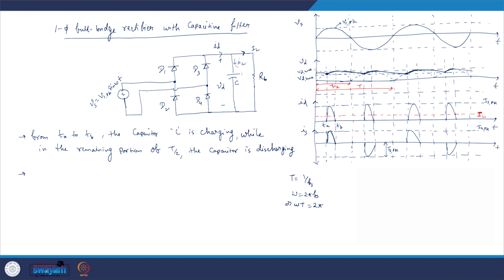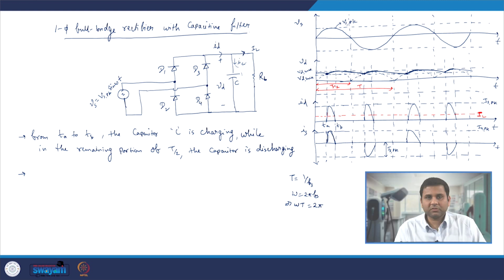Thus in this system, the capacitor is charging for some time and discharging for the remaining time, and the capacitor voltage varies between VD max and VD min. In most converters, we have some tolerance where we can allow this ripple, this voltage variation across the capacitor.